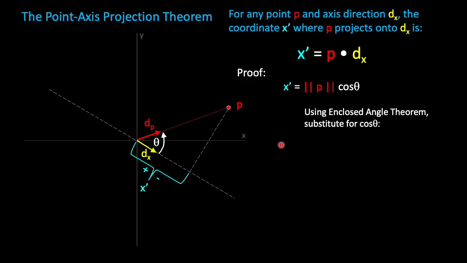And what we're going to do next is to use the enclosed angle theorem and substitute for cosine theta. Well, what does that theorem say? It says that the cosine of this angle theta can be obtained as the dot product of dx and dp. So we'll substitute for cosine theta just that dot product.